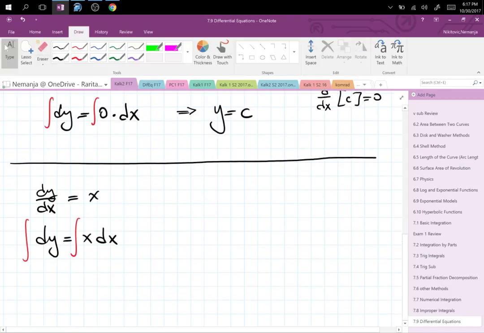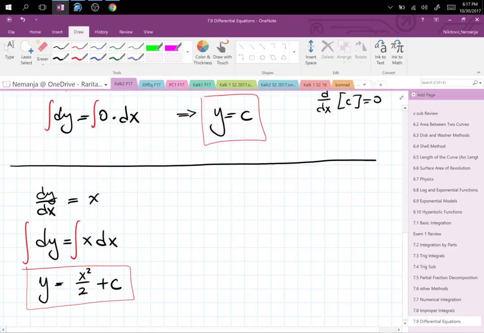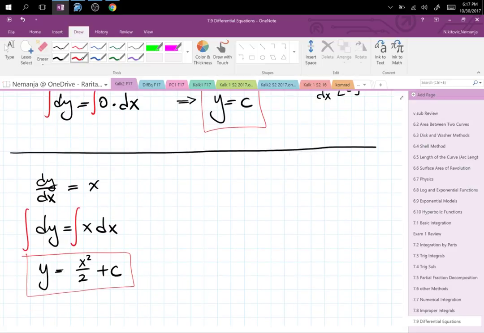So what you get now is that y is equal to x squared over 2 plus c. And this is known as a solution. Right? So as you can see here, I'll write it in blood again, solution is a function.